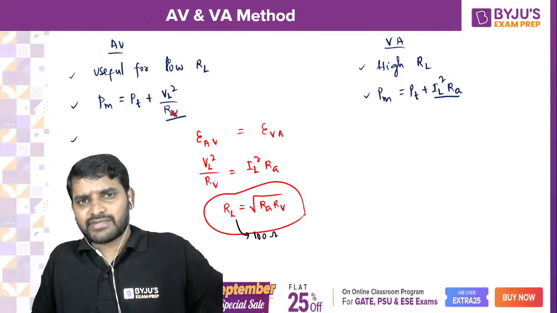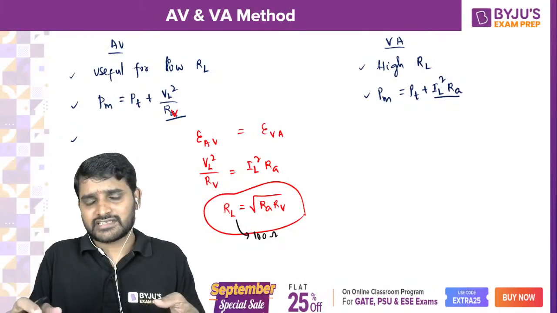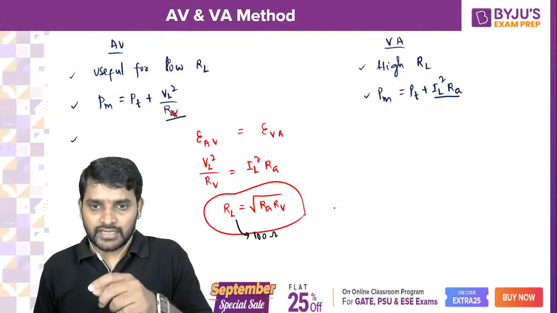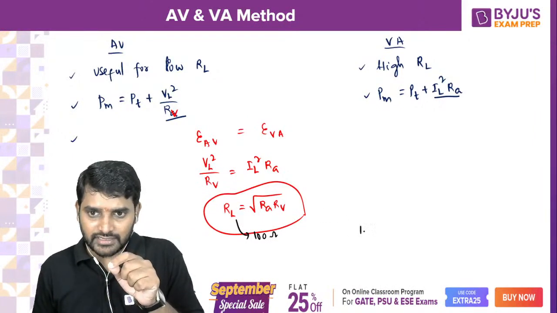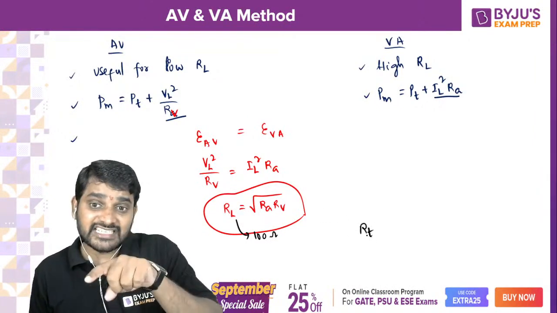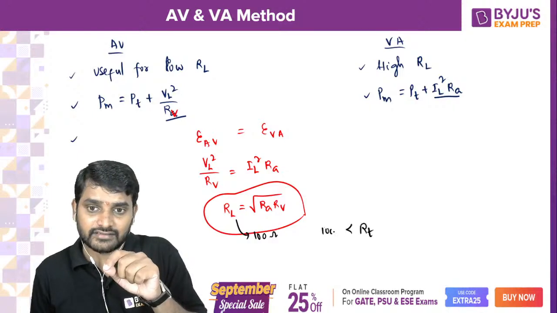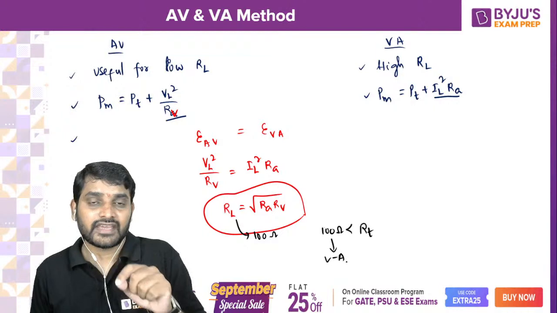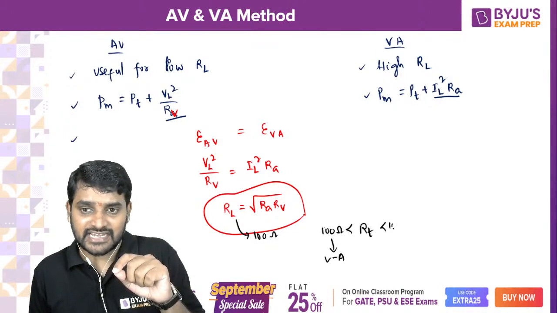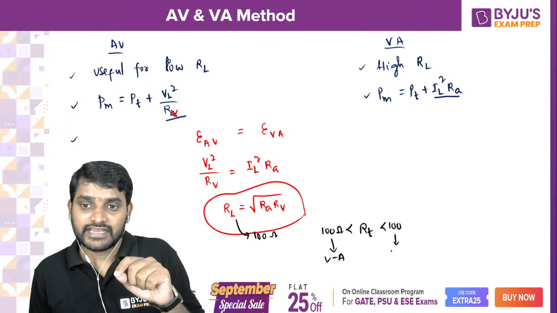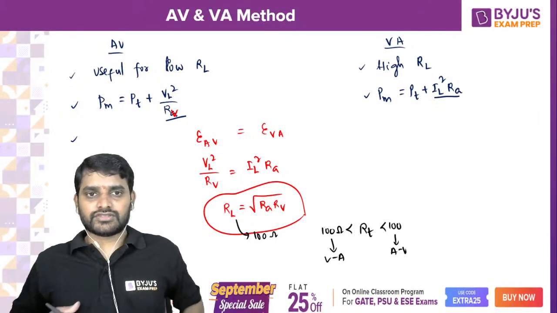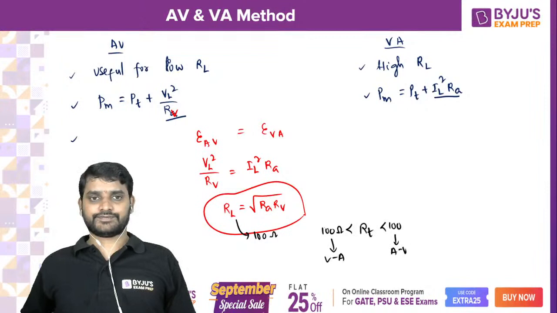They'll be giving you ammeter resistance, they'll be giving you voltmeter resistance, and they'll ask you to calculate which method is better. Right. So choose like this. If the test resistance is greater than 100, go for VA method. If the test resistance is less than 100, go for AV method. That's it. Okay. So this point you need to remember.